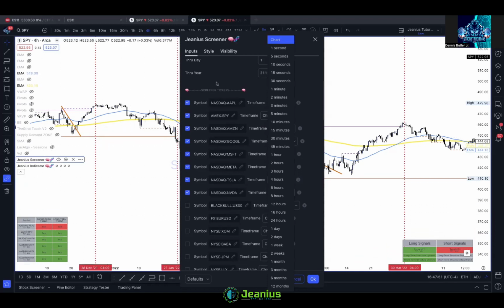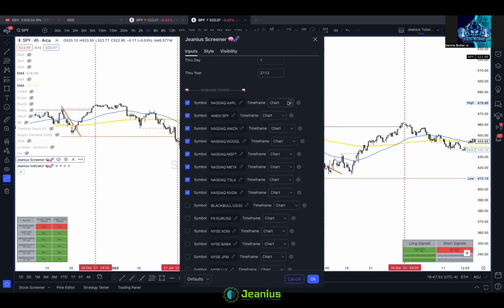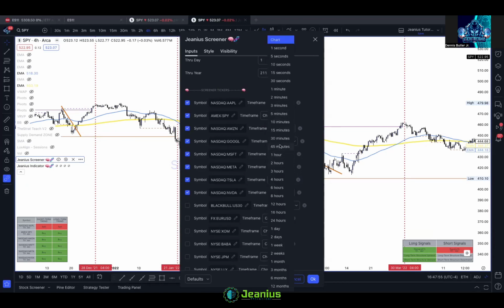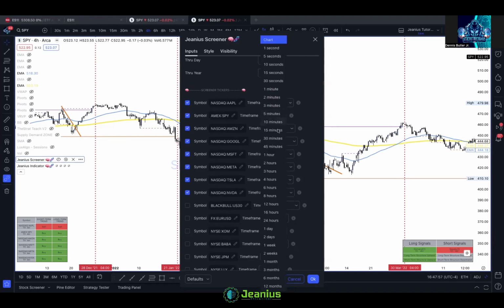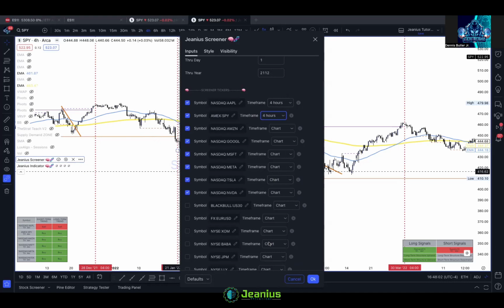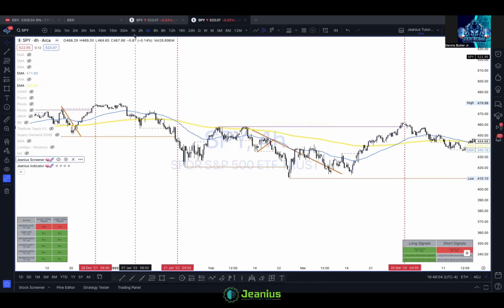On the 4-hour though, I would want to make sure I set these to stay on the 4-hour, only because if I kept it on chart and I went down to, you know, the 1-hour, 30-minute, then technically these parameters would be adjusted for that specific chart.